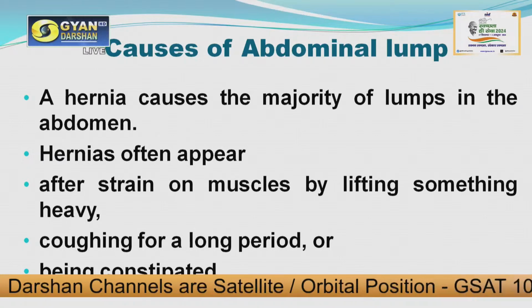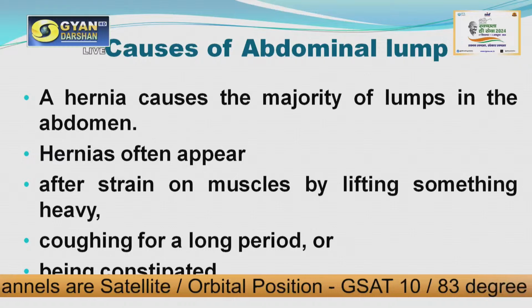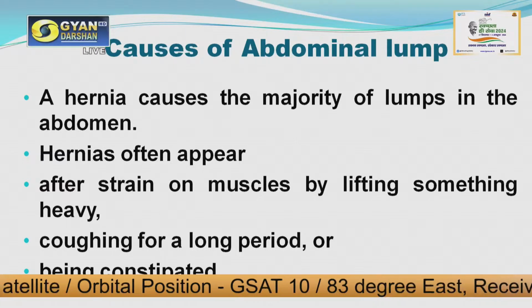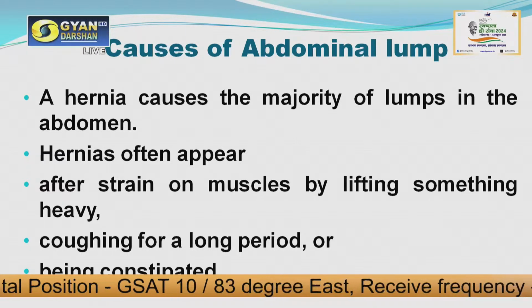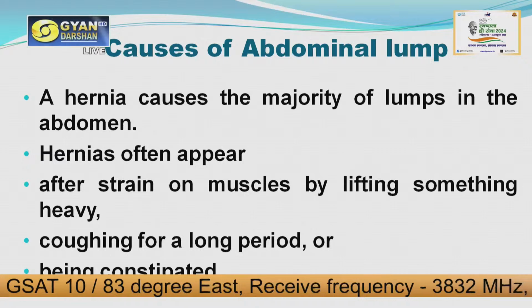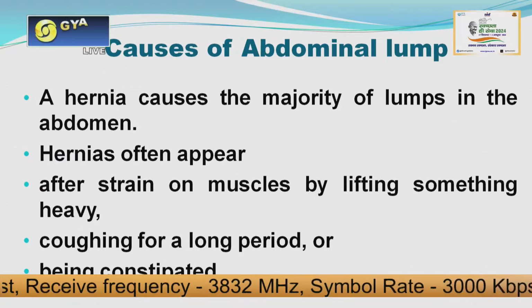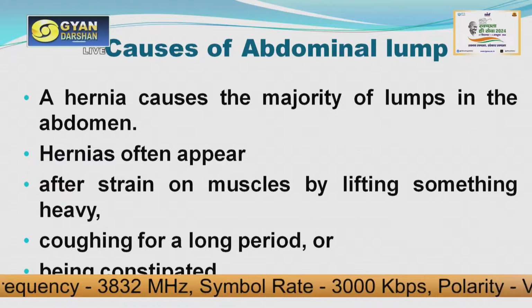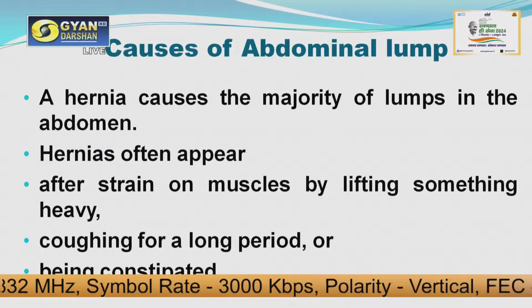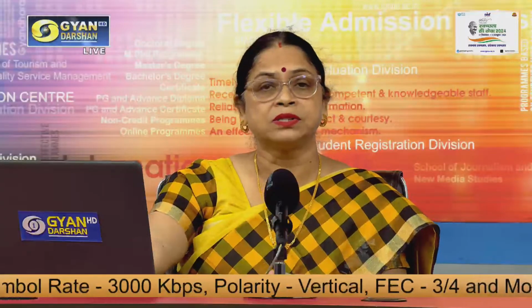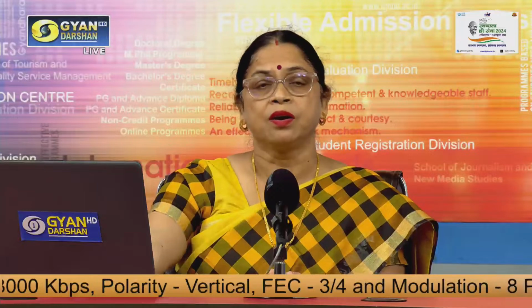That time it gives more pressure on the abdominal cavity and a hernia develops. It can be due to coughing for a longer period. The patient is coughing and most of the time pressure is put in the abdomen. And there can be another cause, that is the patient being constipated.